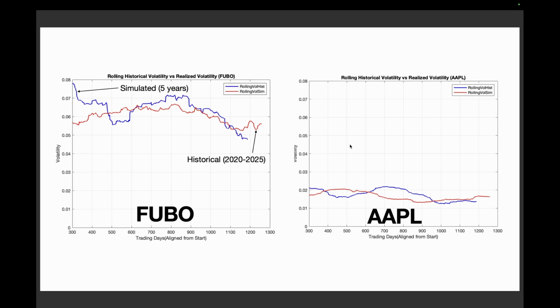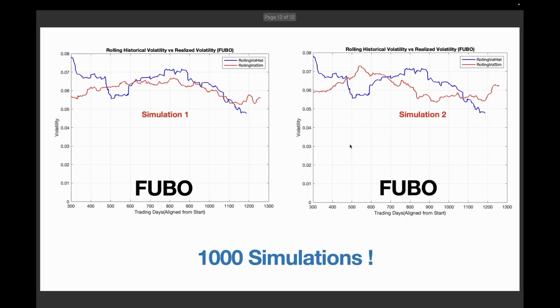Each represents 5 years of price action, and they are each unique. Here the simulation for Fubo had a more euphoric uptrend, with relatively high volatility here and lower volatility here. So different trajectories. We use those 10,000 simulations.